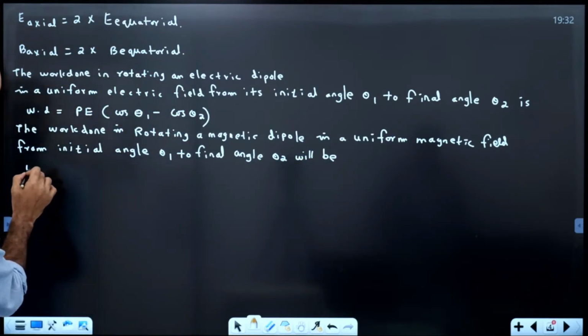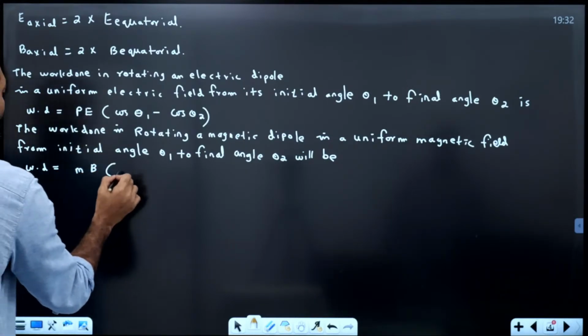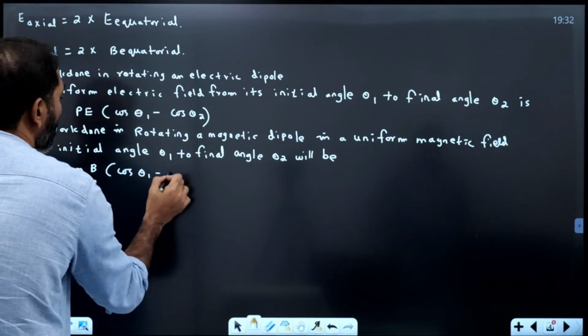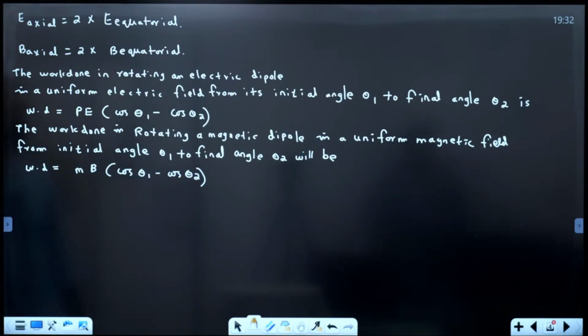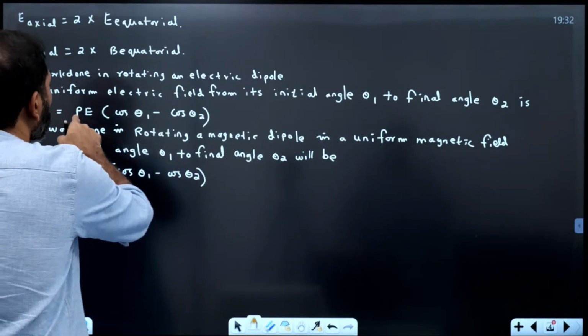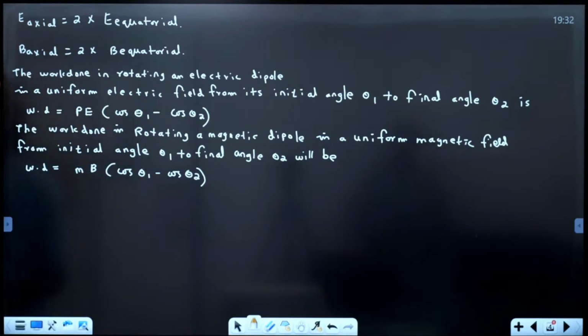Work done is equal to MB (cos theta 1 minus cos theta 2). What is B? Magnetic field. What is E? Electric field. What is P? Electric dipole moment. What is M? Magnetic moment.